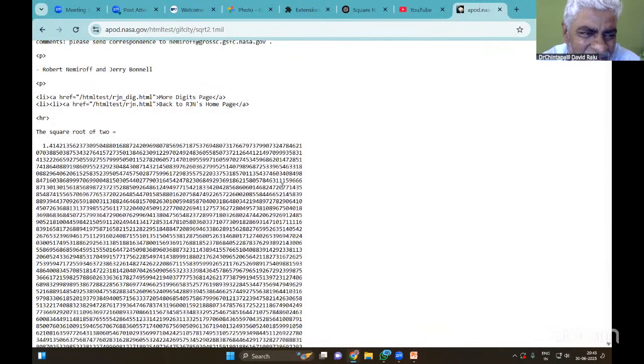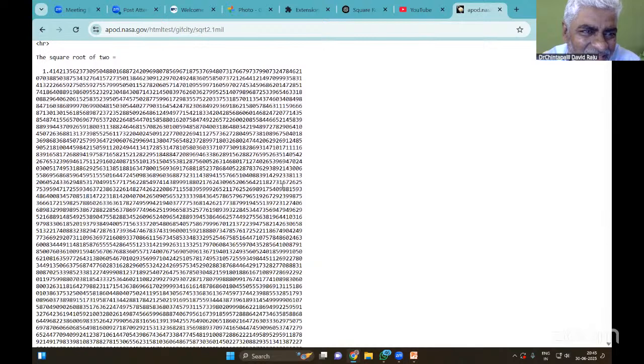Have you seen the screen? As we started the process to find the square root of 2, we found one digit, 1.4 only. See how curious scientists are in finding the square root of 2. Just read this.